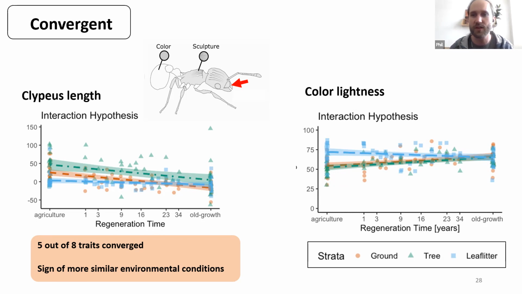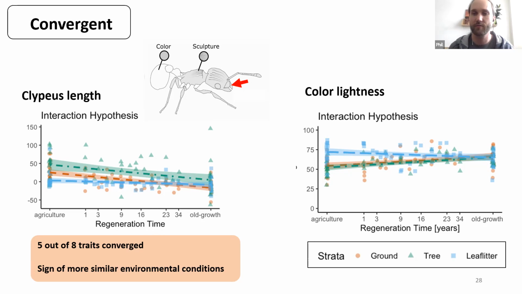So we can see the clypeus length, which is sort of an indication for ants that feed on sugar resources more. We can see that the clypeus overall gets smaller across all strata, but not equally. So at the beginning, we have a much more stratification effect than at the end.